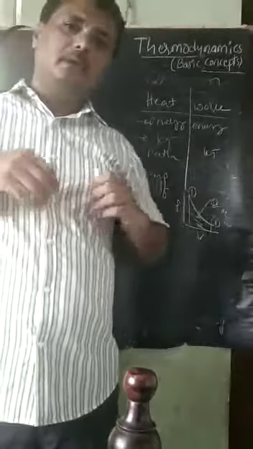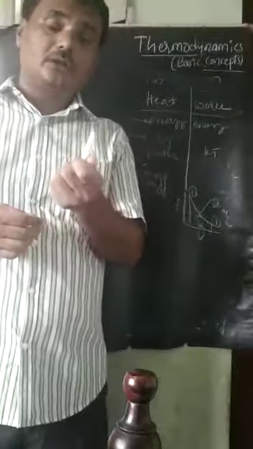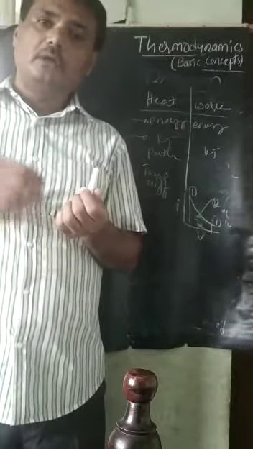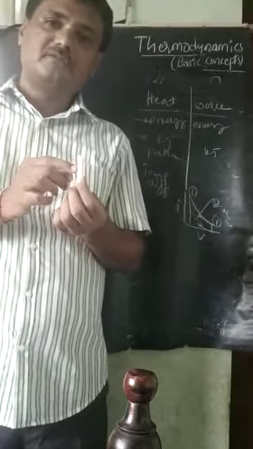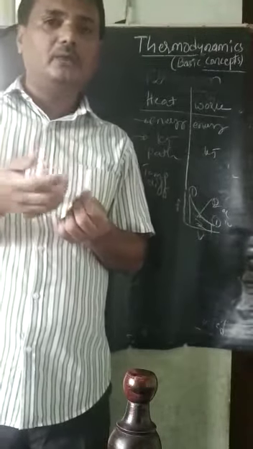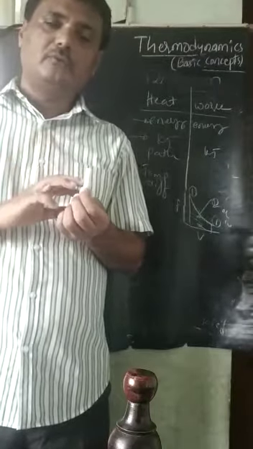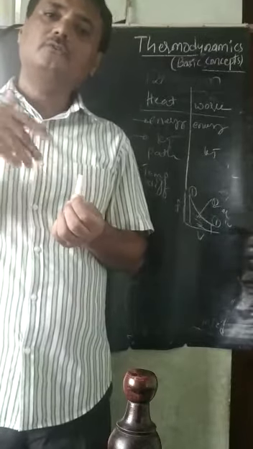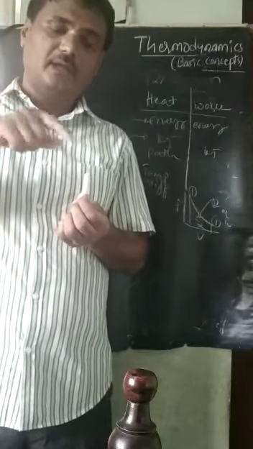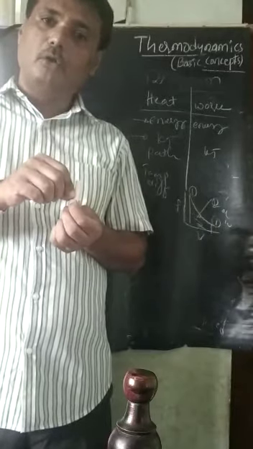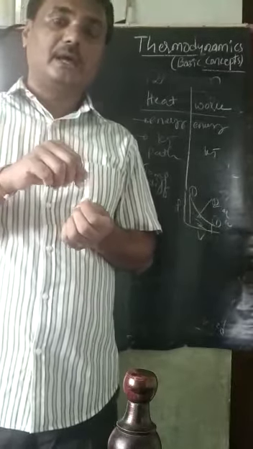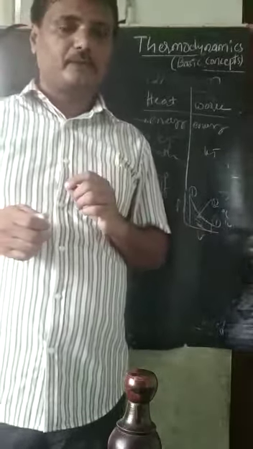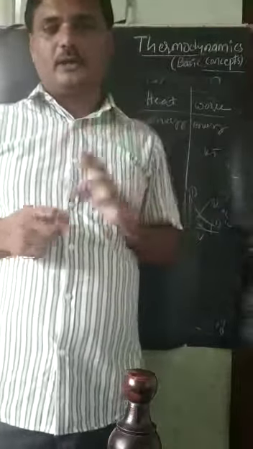If we take a red hot metal and keep it for 1 hour, after 1 hour the temperature of the red hot metal reduces. Why? The temperature reduces because heat from the red hot metal is going to the outside. Why only to the outside? Because the outside temperature is less and the temperature of the red hot metal is more, that's why heat is transferred from the red hot metal to the outside. So for heat transfer, a temperature difference is always required.